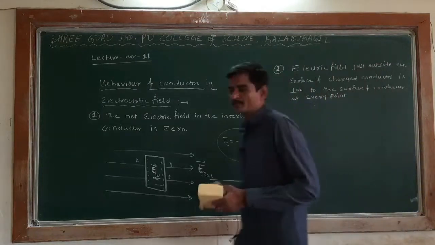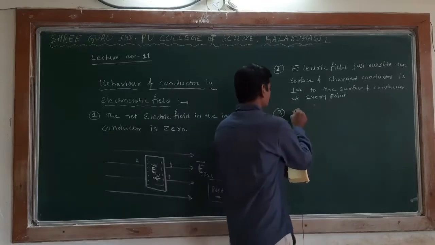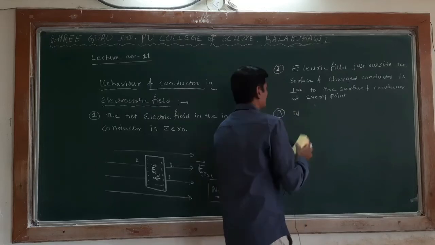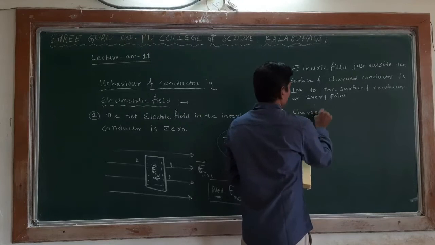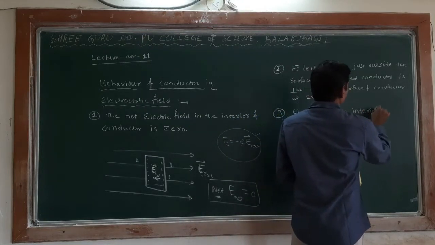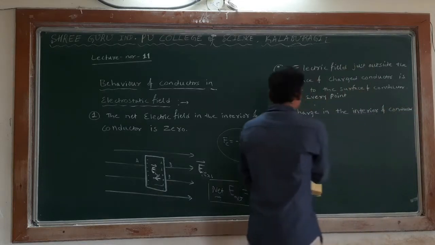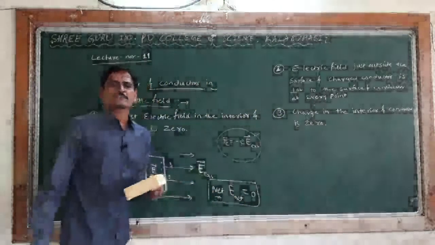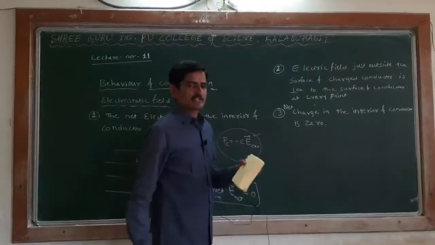And third point. Net charge in the interior of the conductor is 0.